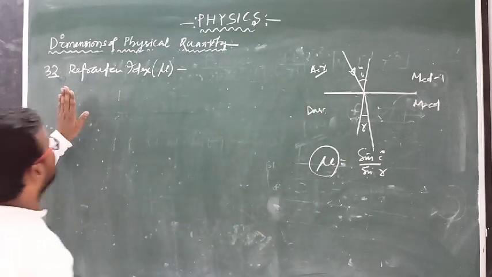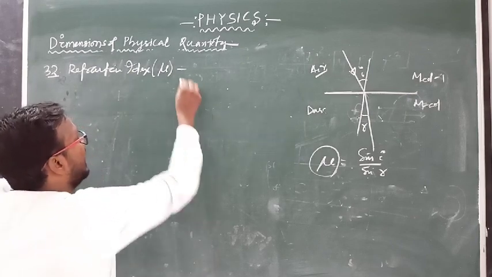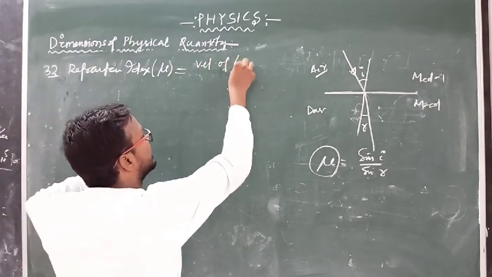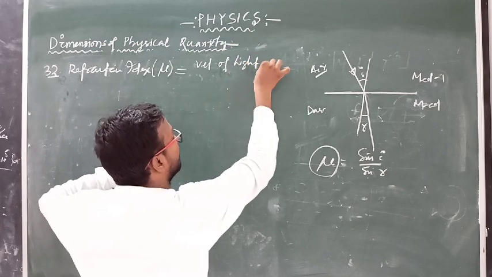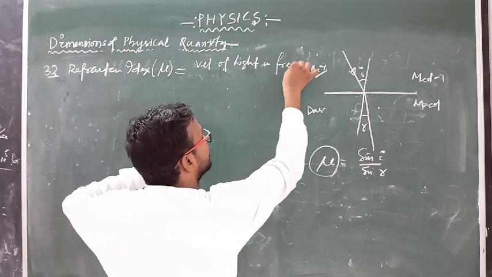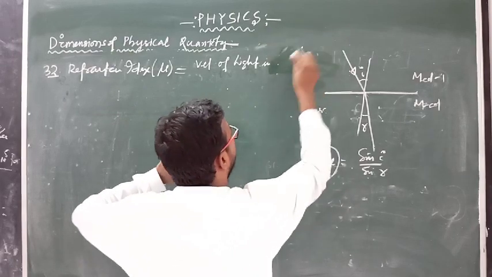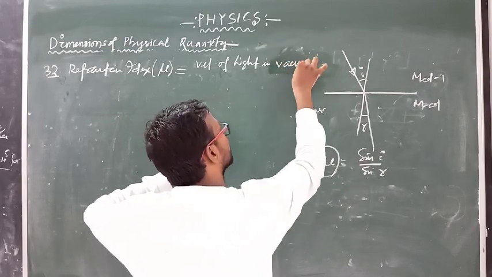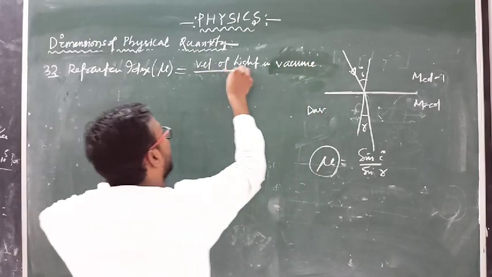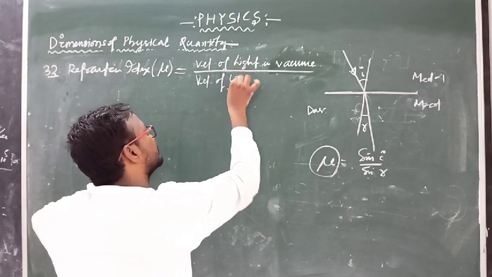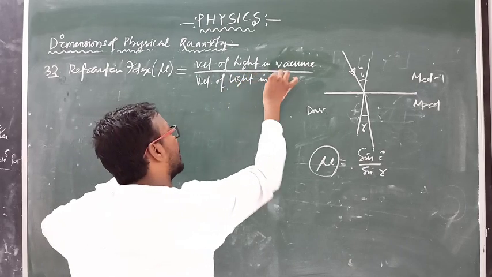So we have to find the dimensional formula of refractive index, and it is represented by the velocity of light in free space or vacuum, divided by the velocity of light in the medium.